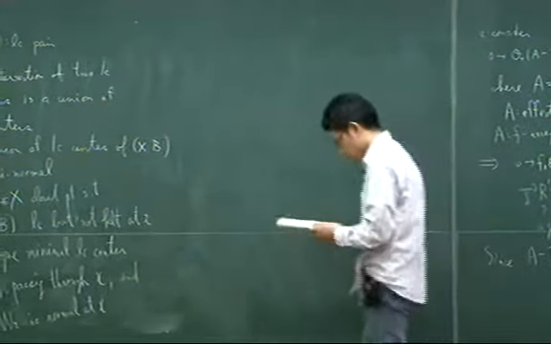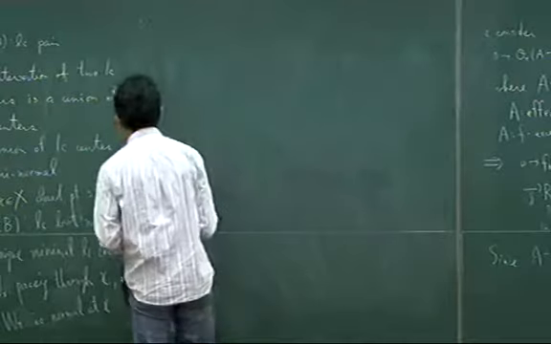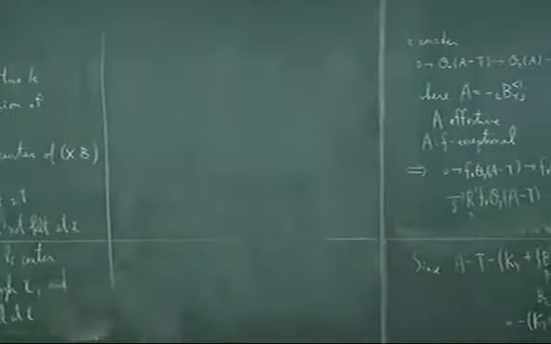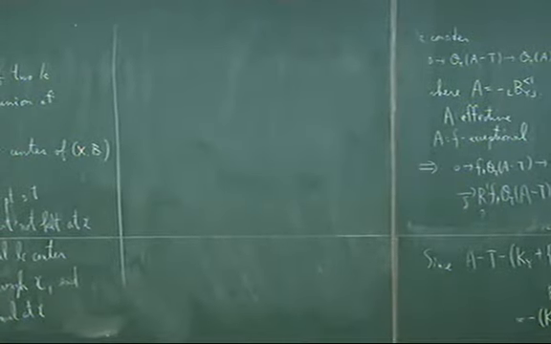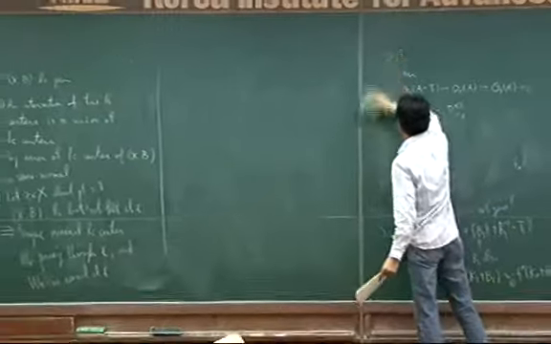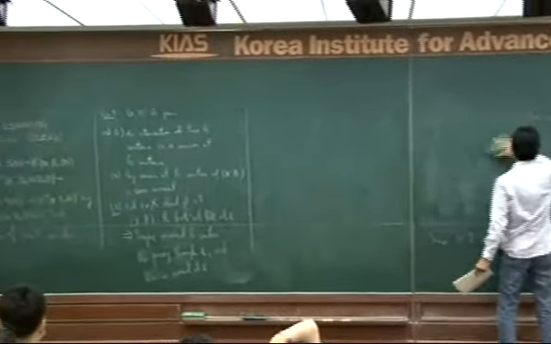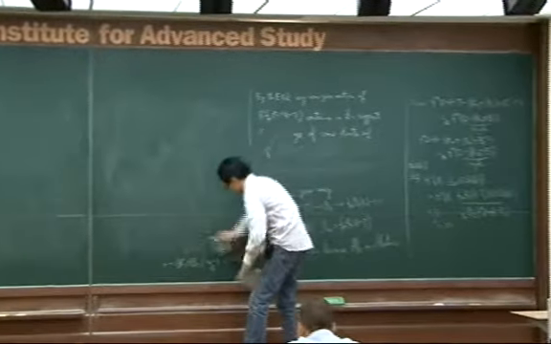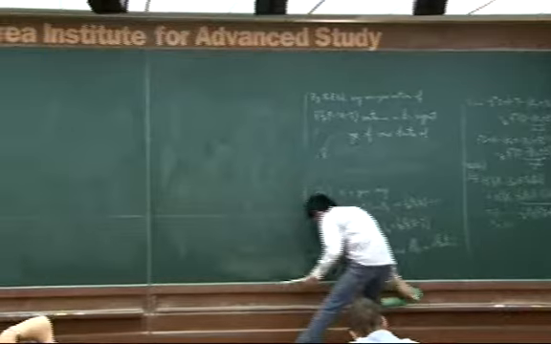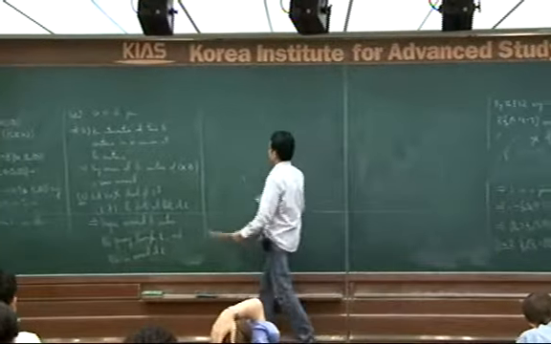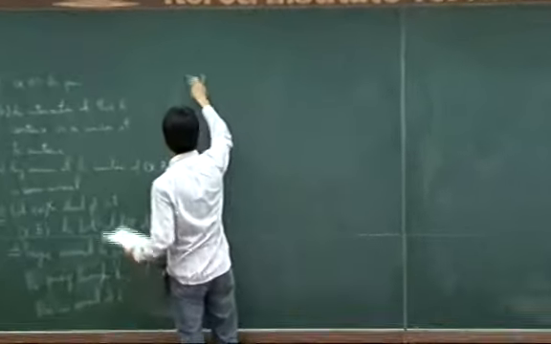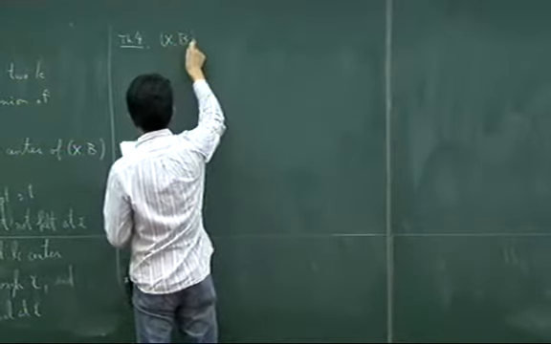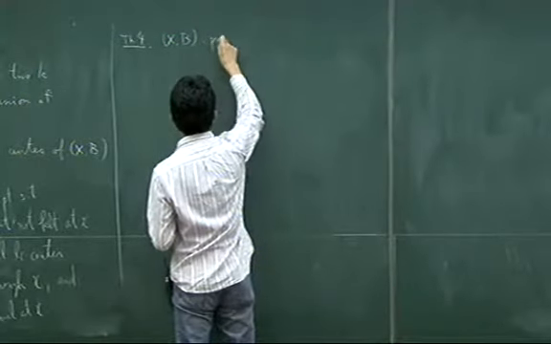Okay, final theorem. The next theorem is much more difficult than Theorem 1 and this corollary, but very useful for applications. Okay, Theorem 4. This theorem is very non-trivial. (X, B) is a projective log canonical pair.